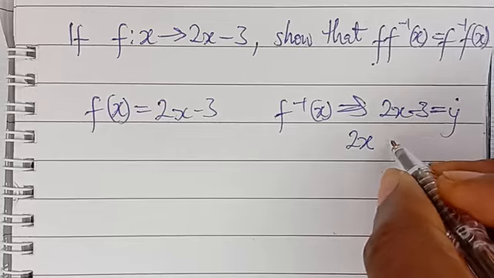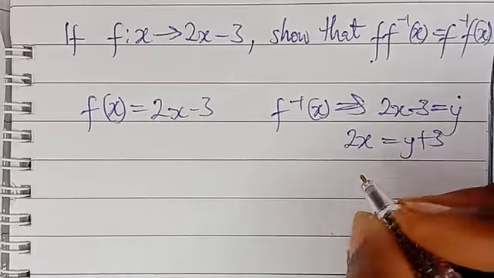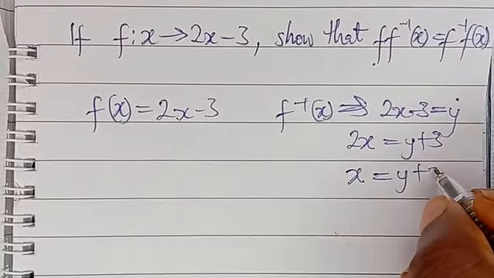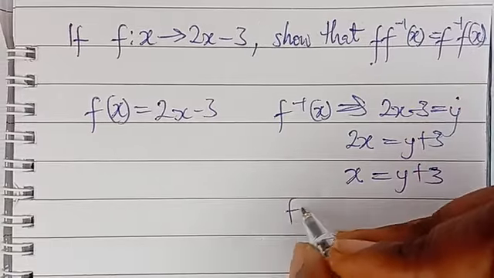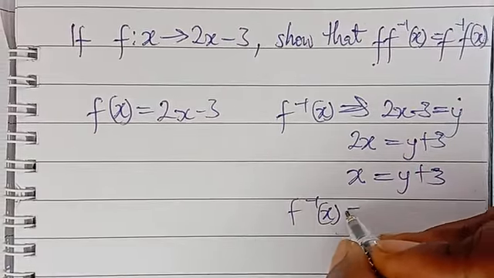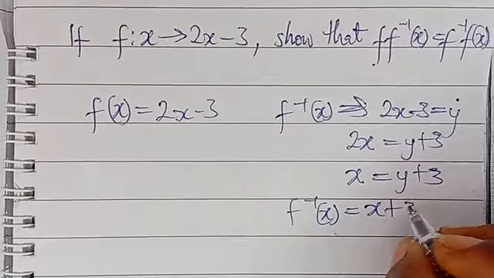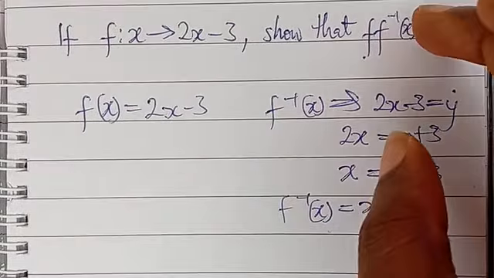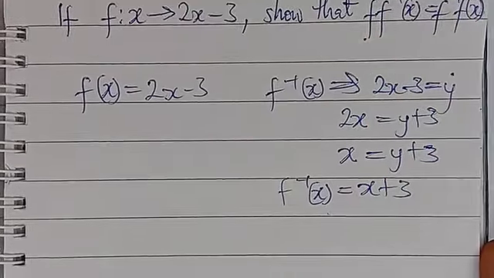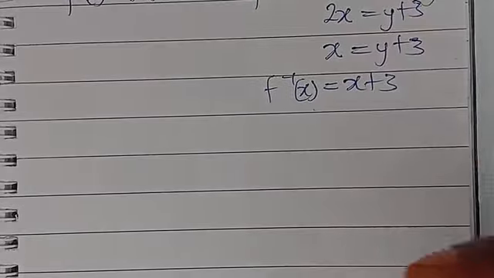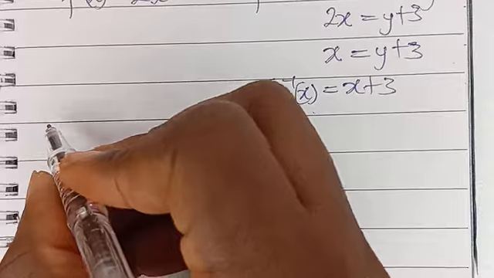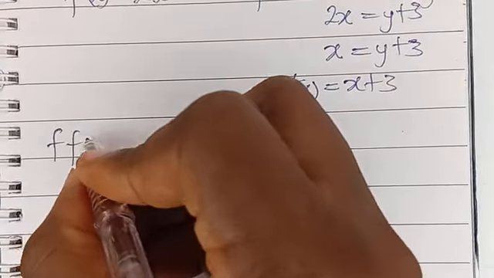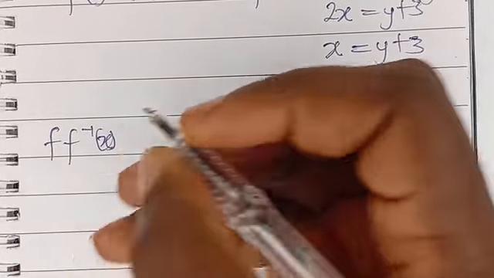We have that 2x is equal to y + 3. And then we divide both sides by 2. We have that x is equal to (y + 3)/2. Then the inverse of f of x is equal to (x + 3)/2, right? Good. Now, remember that this is what we are to prove. To prove this, we have to solve for f inverse of x.